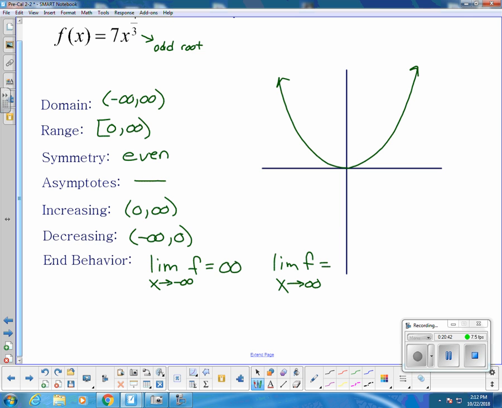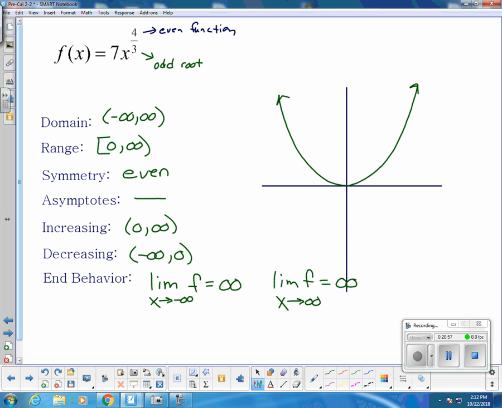On the right side, the height is going to infinity. Guys, it's an even function. They have to be the same. Negative x, positive x, same height. Okay? Make sense? You've got to get the first quadrant, or the right side, figured out.